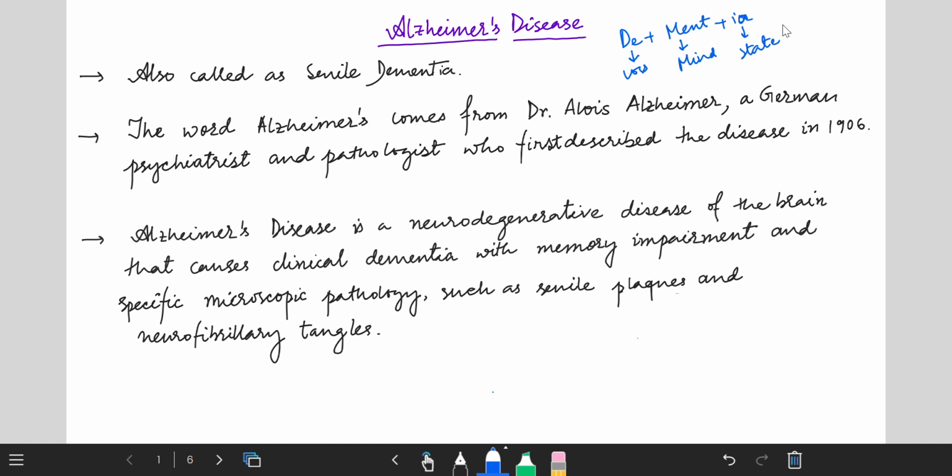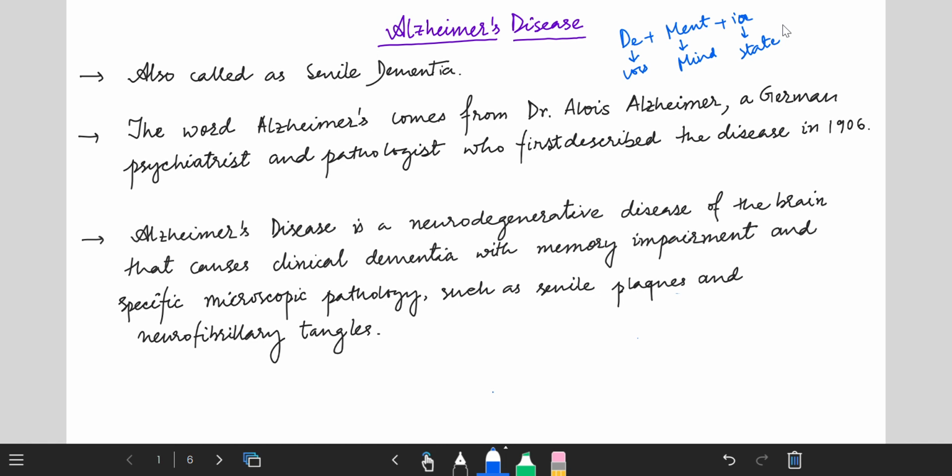Alzheimer's disease is a kind of neurodegenerative disease where neurons of the brain get damaged, which causes clinical dementia with memory impairment and specific microscopic pathology. Which kind of microscopic pathology? First one is senile plaques and second one is neurofibrillary tangles. Senile plaques are extracellular deposits of fibrils and amorphous aggregation of a specific protein, amyloid beta peptide or amyloid protein.